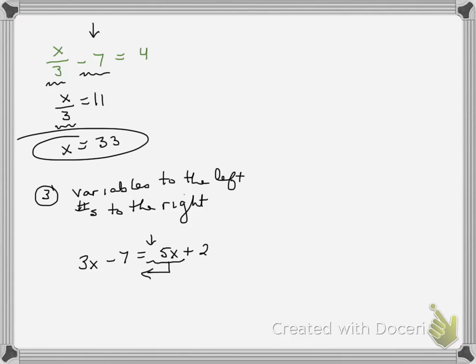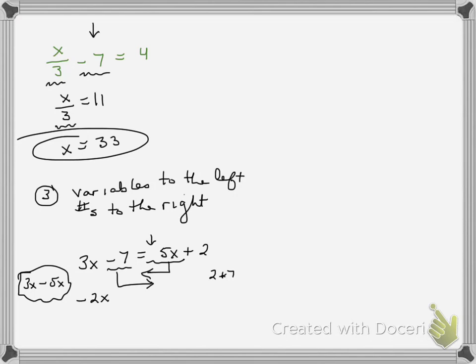Okay. So 3x minus 5x, 3x minus 5x is what I'm thinking, is negative 2x. I want to move the numbers to the right. The opposite of a negative 7 is a positive 7, so I'm thinking 2 plus 7.